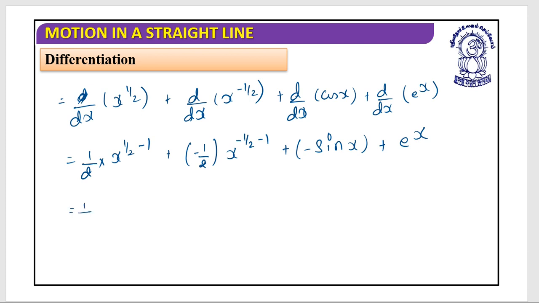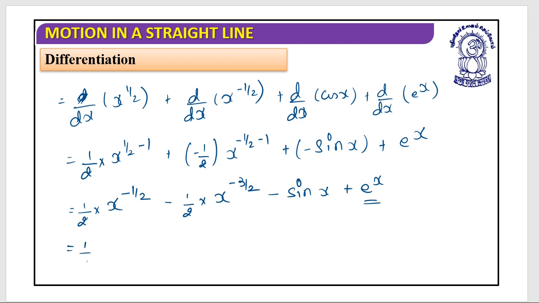So that should be half into x to the power minus half, here minus 1 by 2 into x to the power minus 1 by 2 minus 1, this is minus 3 by 2, minus sin x plus e to the power x. Yes.